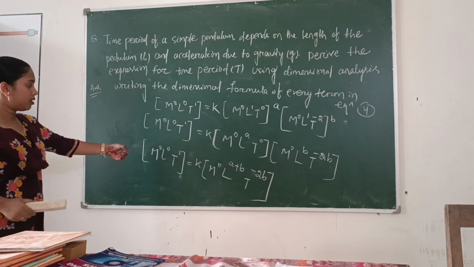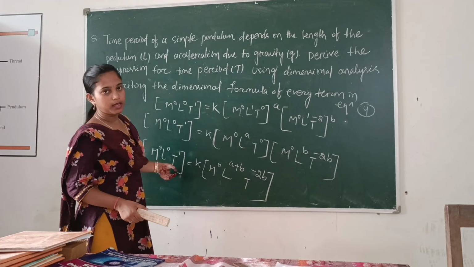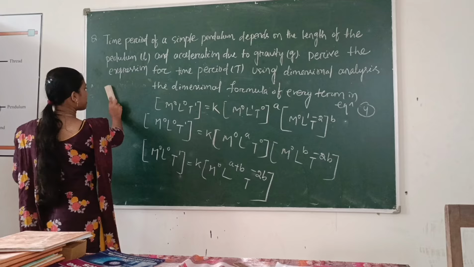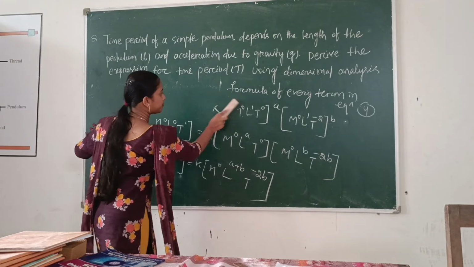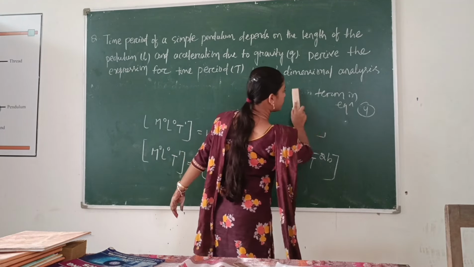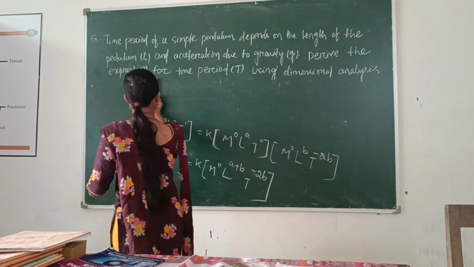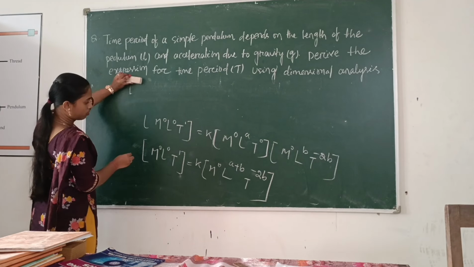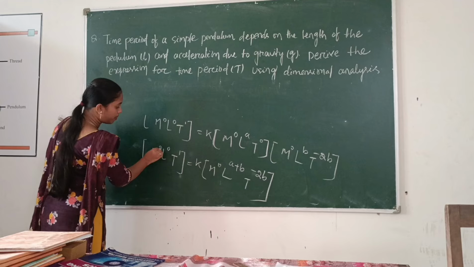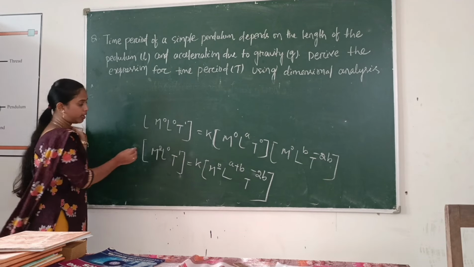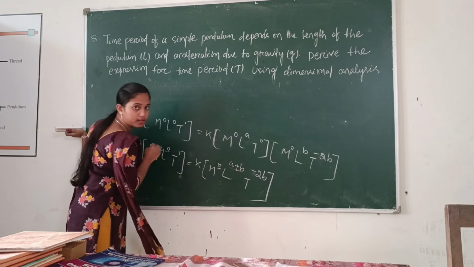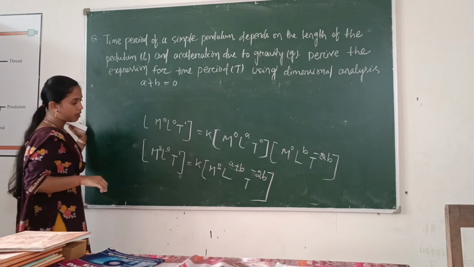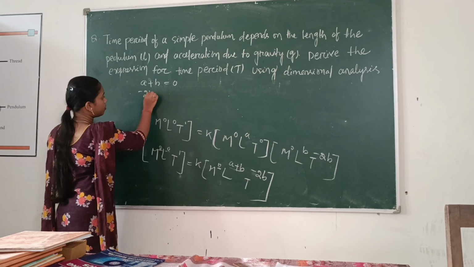Now equating the terms of M, L and T from the left hand side and the right hand side: M has power 0 on both sides, L has power 0 on the left and A plus B on the right. So A plus B is equal to 0 and minus 2B is equal to plus 1.